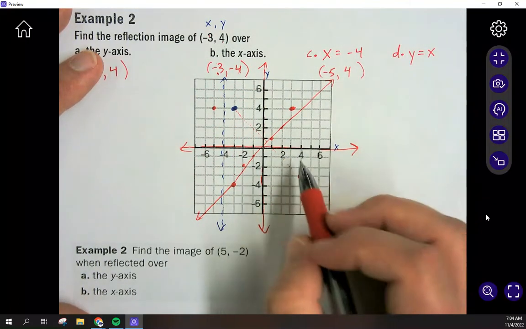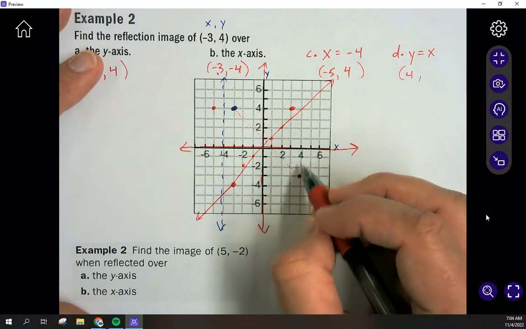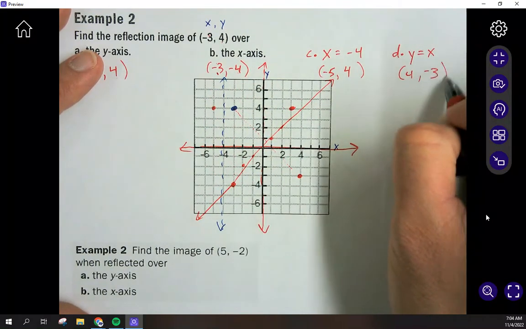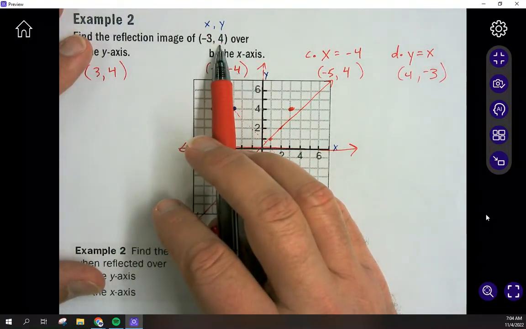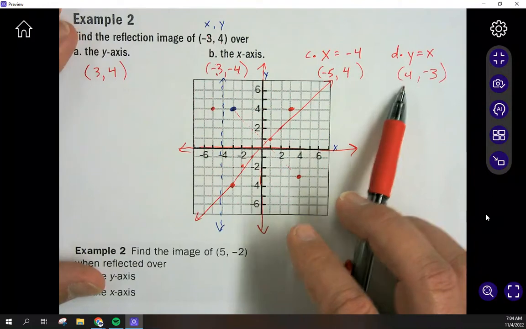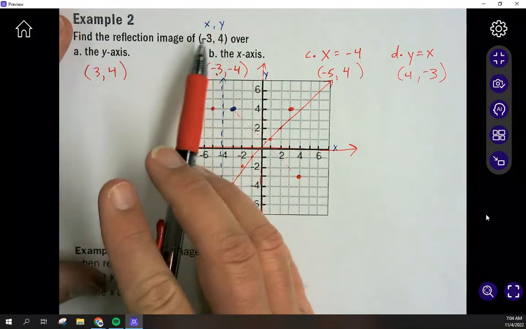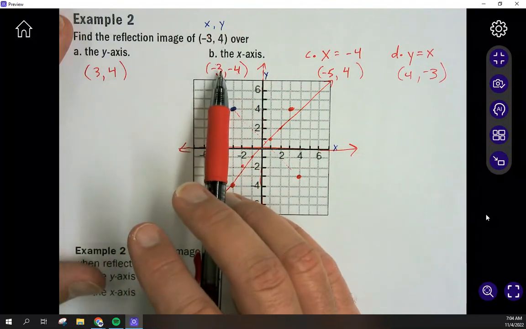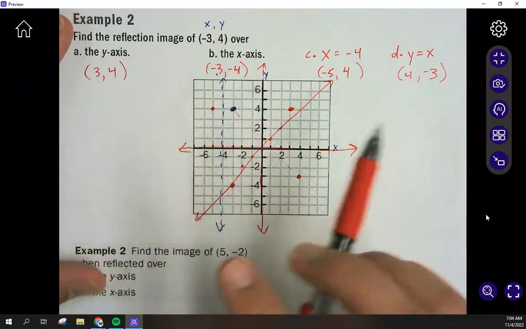And let's examine that point. That's the point 4, down 3, negative 3. So from the original, how did I get here? We talked about on these ones, y value changed the same, the x became the opposite. On the x-axis, x value stays the same, y becomes the opposite.